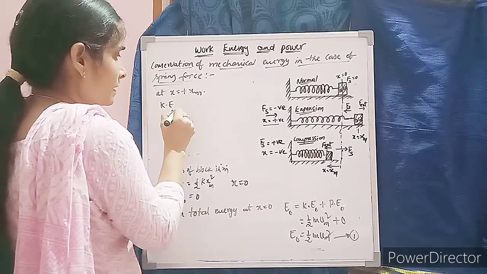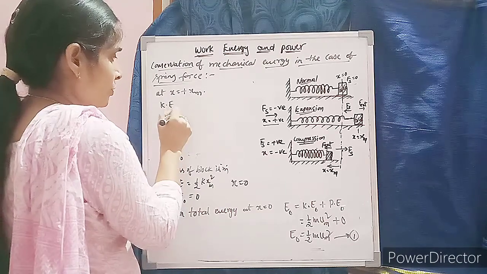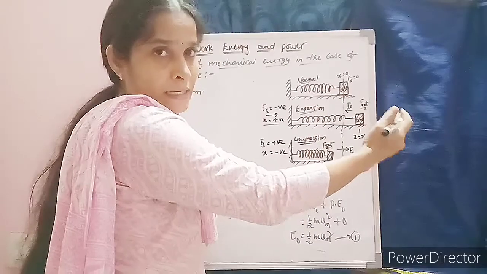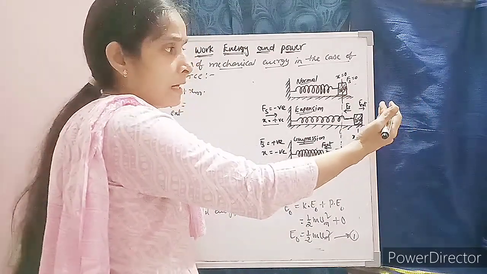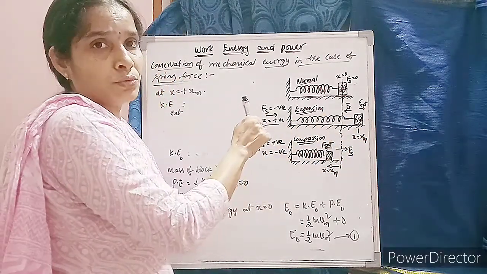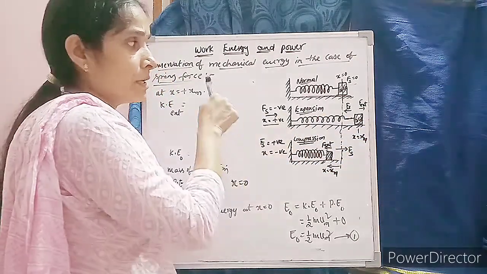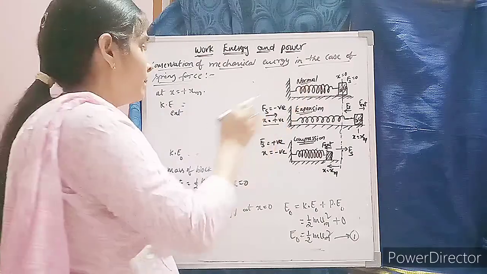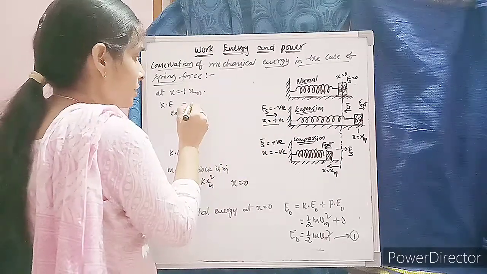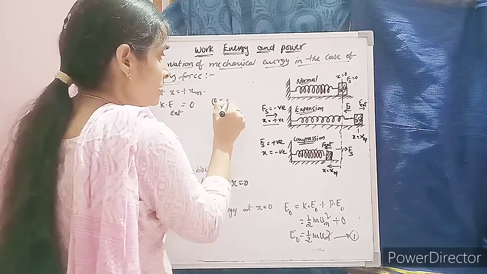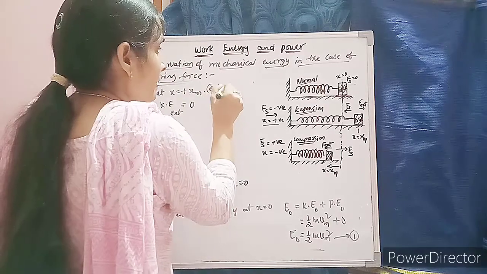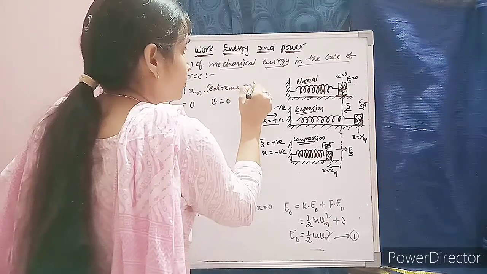Kinetic energy at extreme position: it reaches the maximum displacement, then the velocity becomes 0 and it comes back to the mean position. So the kinetic energy there is 0, because velocity is 0 at extreme position.